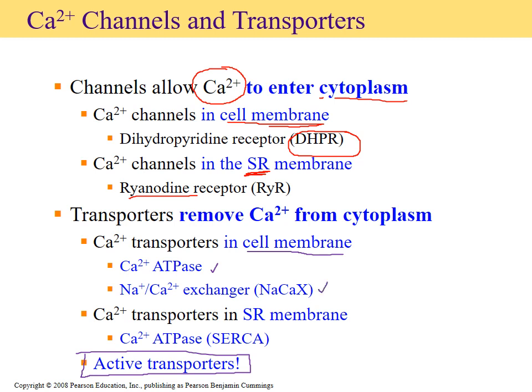These two transporters will help you pump out the calcium from the cytoplasm. And from the SR region, the sarcoplasmic region, we're also going to notice that we have our SERCA transporter, which is another example of a calcium ATPase. Now, the function of these three, the calcium ATPase, the sodium calcium exchanger, and the SERCA, is all to remove the calcium from the cytoplasm so that the muscle can go ahead and relax.